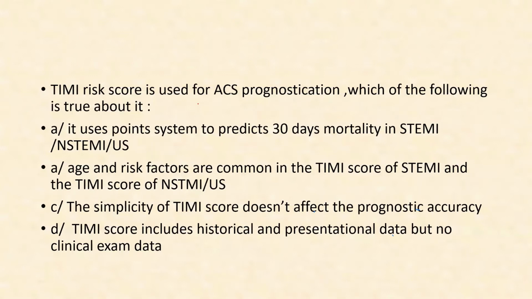Now, TIMI risk score is used for acute coronary syndrome prognostication. Which of the following is true about it? What is really amazing in the exams of fellows is that they are loaded with knowledge, but when you go so simple, they get confused. When you ask them about TIMI risk score, which is easy stuff, sometimes they get lost.